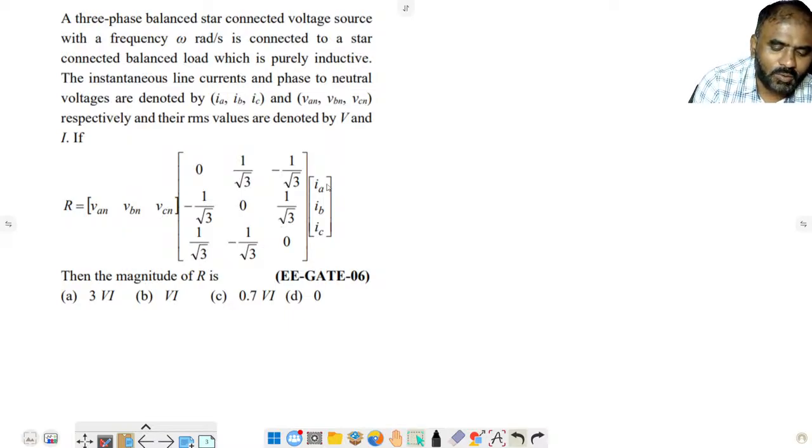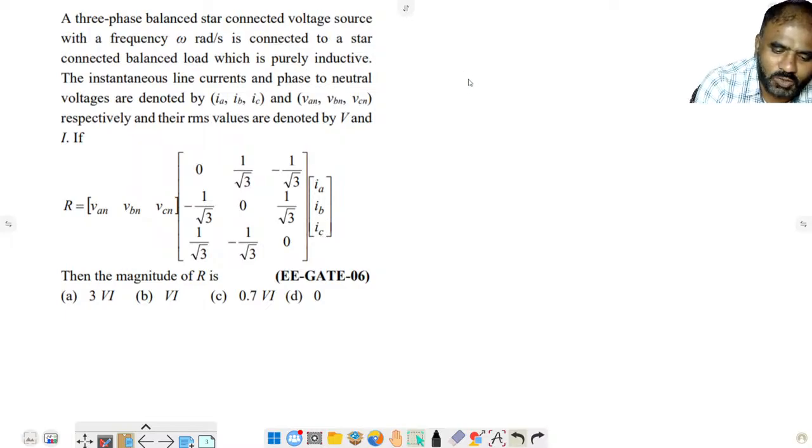And here IA, since it's a purely inductive load, the current lags the voltage by exactly 90 degrees. Here root 2 V by Z, where V by Z is the RMS current I. So I can write root 2 I sin omega t minus 90, again phase shifted by that.